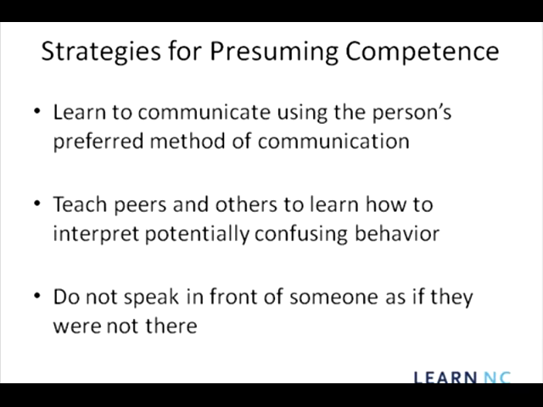Also, a good thing to do is to teach peers and others to learn how to interpret potentially confusing behavior. For instance, a student laughing in the classroom at an inappropriate time may just be a sign of anxiety. And also, this is very important, do not speak in front of someone as if they were not there.